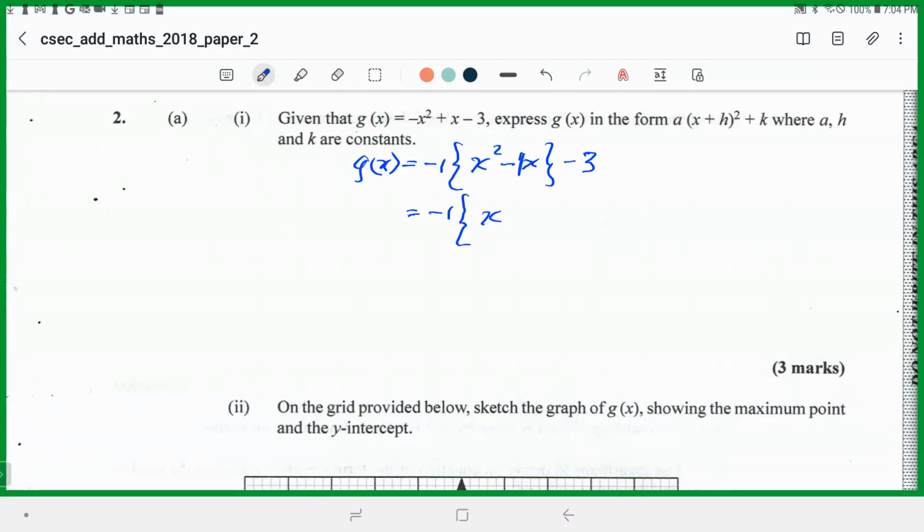The number in front is 1. Half of 1 is a half, so you're going to put minus a half in the bracket, squared. You subtract the square of this, which is 1 over 4, all of that in the bracket, minus back this 3. What did we do?